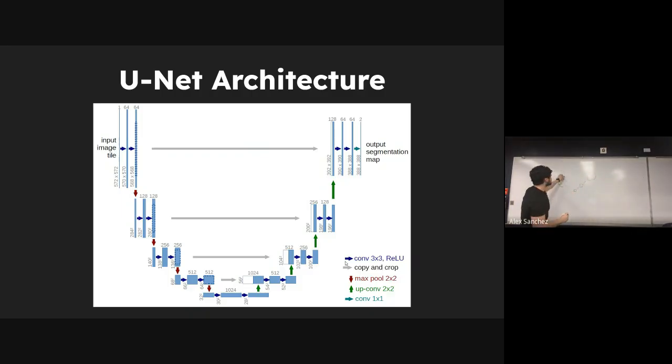The reason we save a copy at each point before the pooling, and send it over and concatenate it to whatever step we're on here, is because when we work with CNNs, we're making an important trade-off.